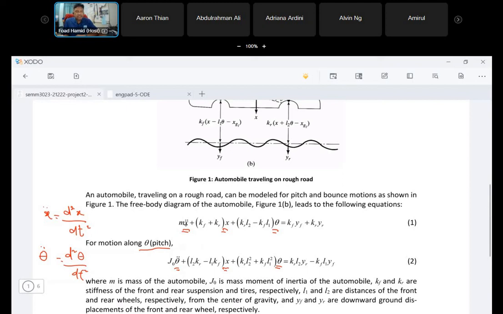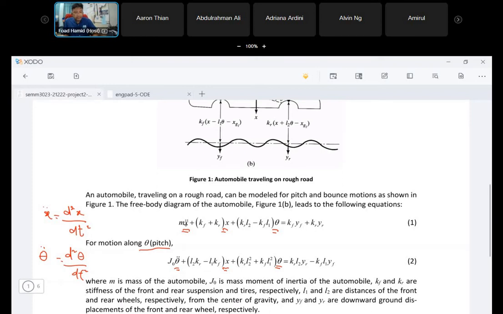You cannot solve individually. Note that these are two unknowns with two equations. So you need to solve this system of ODE. So this is a system of second order ODE.